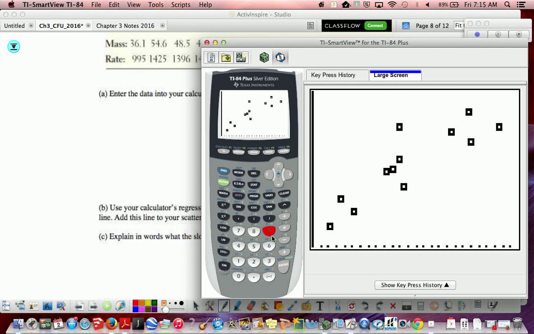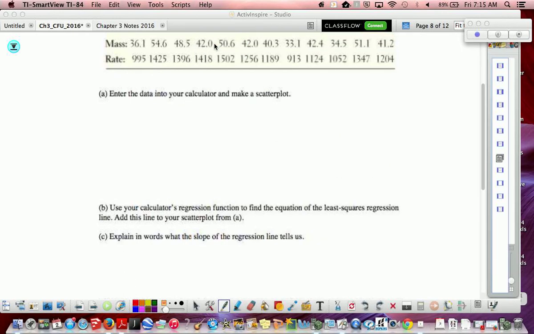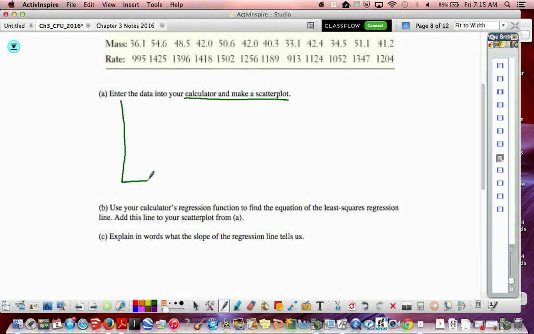So we want to do this on our calculator, and that's what we are doing here in part A. Normally if we were to sketch this by hand, and if you want to, go ahead and pause the video again and sketch this by hand, but I'll at least get your scale going.